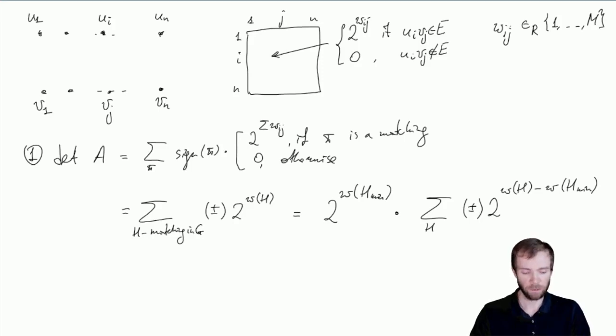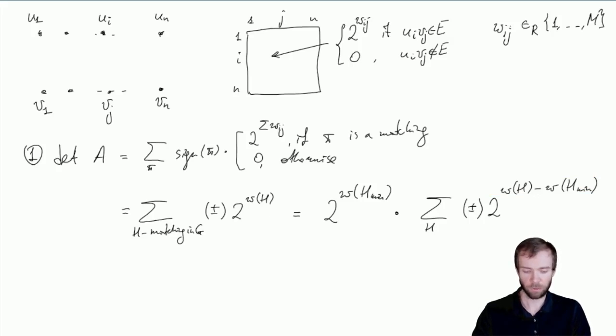And what we can see now, with high probability, which is given to us by the isolating lemma, is that our graph would have a unique matching of minimal weight. And then here, in all of the summands but just one, we'll have strictly positive exponents, so that the weight of all the matchings but H min itself would be strictly higher.